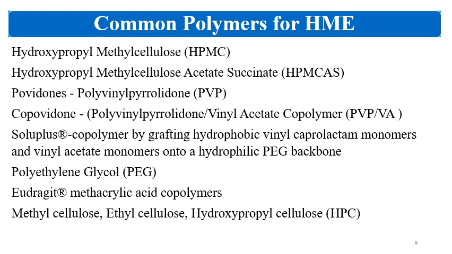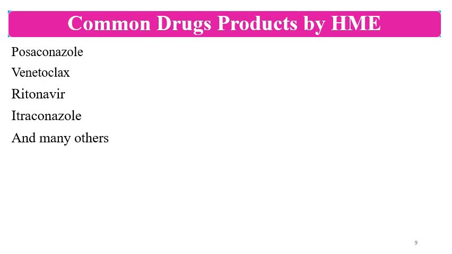Acrylic polymers are there, and methyl cellulose, ethyl cellulose, and HPC, hydroxypropyl cellulose, are also there. So these are the commonly used polymers. Drugs like posaconazole, venetoclax, ritonavir, itraconazole, and many more are formulated using hot melt extrusion technology. These APIs are converted into amorphous form, their solid dispersion is prepared, and that's why they are formulated by HME technology.